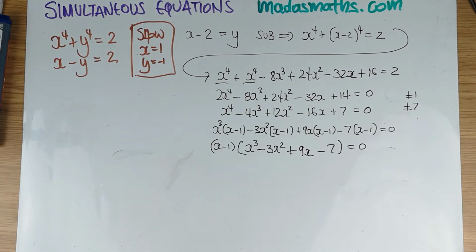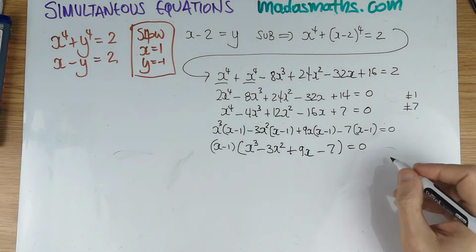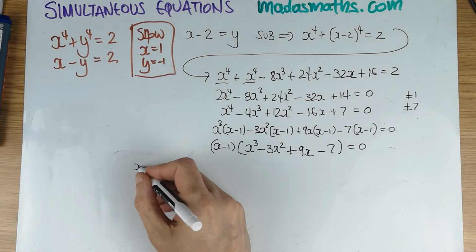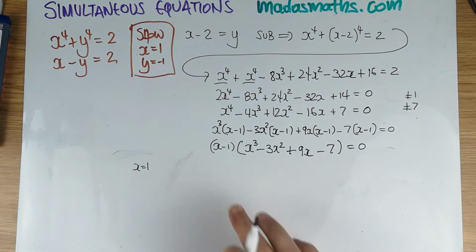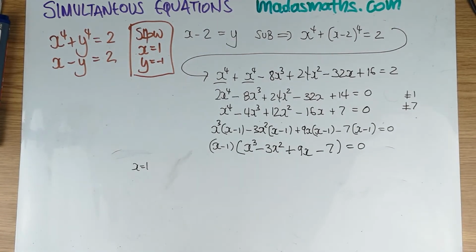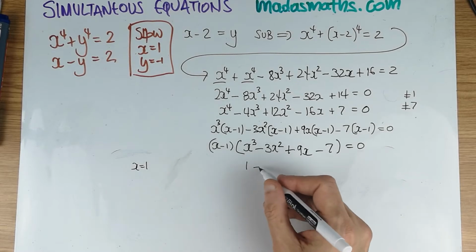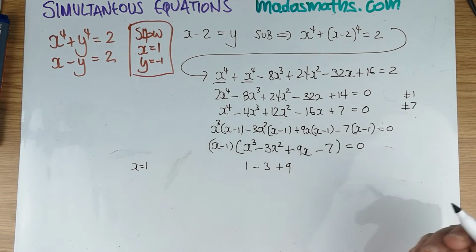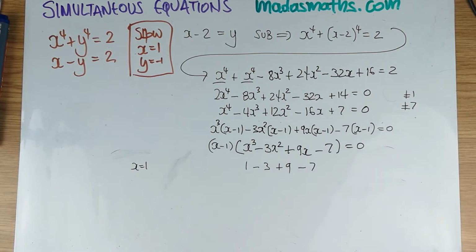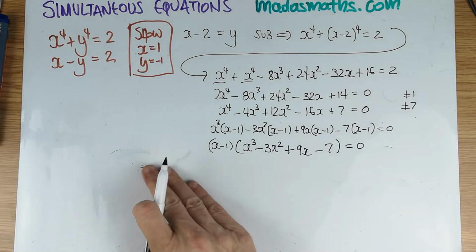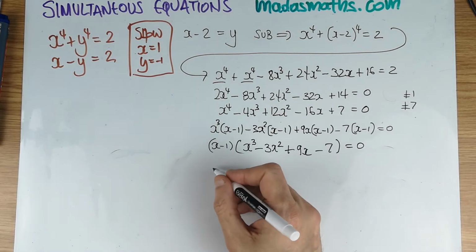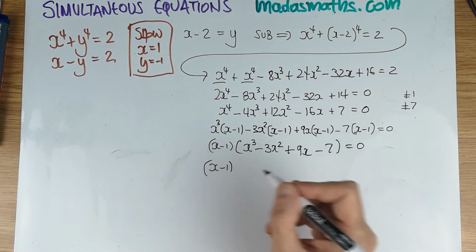On close inspection, minus 3 and minus 7, minus 10, 1 plus 9 is 10. So x is equal to 1 is also a factor of the cubic. So basically it'll be repeated. So if you think about it, that's a 1, minus 3, plus 9, minus 7, 0. So x minus 1 is a factor of the cubic. So we can repeat the process.